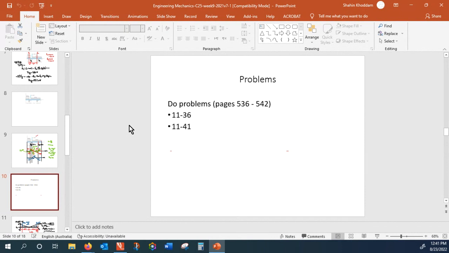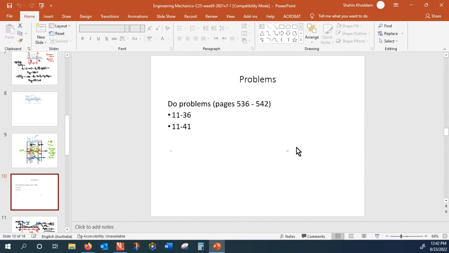So we introduced an important parameter called moment of inertia, and maybe in the next class or next week we will correlate that parameter to the performance of the beam. But for now, what you need to know is, first, given a beam structure, are you able to analyze the variation of internal forces inside the beam?